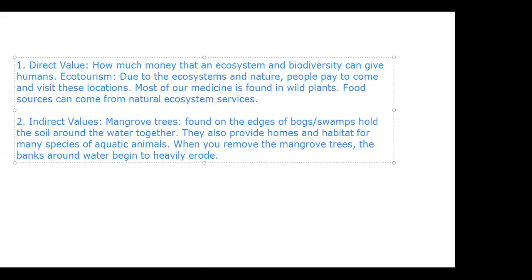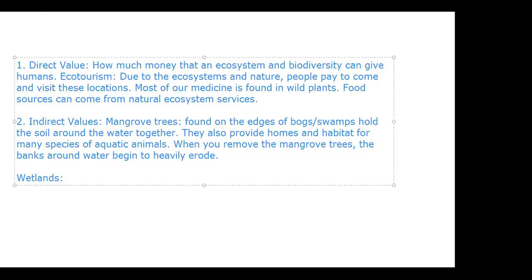And it also allows for you to be able to live there and not have your land be taken away by natural water erosion. Another thing we can look at is wetlands. Okay, New York City actually was looking at, because it gets a lot of its drinking water from one river.